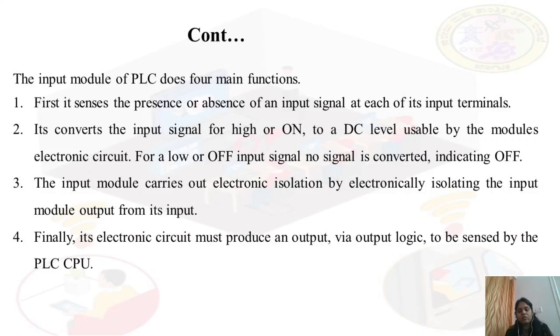The input module carries out electronic isolation by electronically isolating the input module output from its input. Finally, its electronic circuit must produce an output via output logic to be sensed by the PLC CPU. Understood? This is your PLC input module layout.